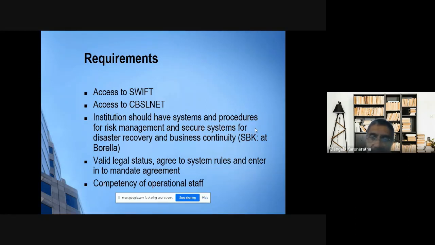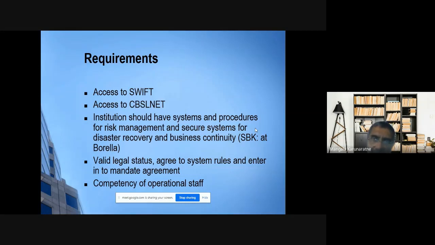Since we have SWIFT with all banks, we are not familiar with a bank which doesn't have access to SWIFT. But there are some. I came across one bank which didn't have SWIFT at that time, some remote bank in some country. I can't remember the country.